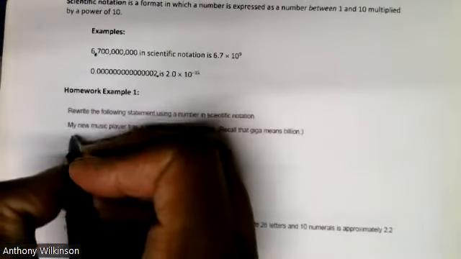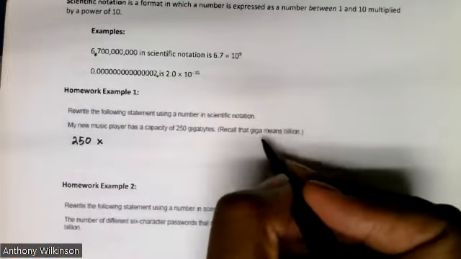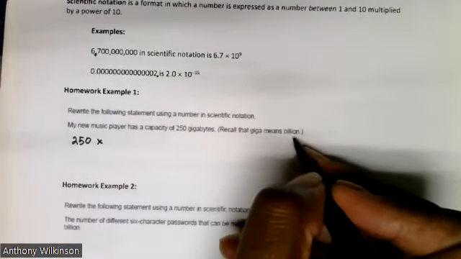All right, here we're going to rewrite the following statement using a number in scientific notation. And it says that my new music player has a capacity of 250 gigabytes. And you're to recall that giga means billion. And let's say I want to write this in scientific notation. Well, 250 gigabytes, well, we got the 250. That's going to be multiplied by, and we're told that giga means billion.